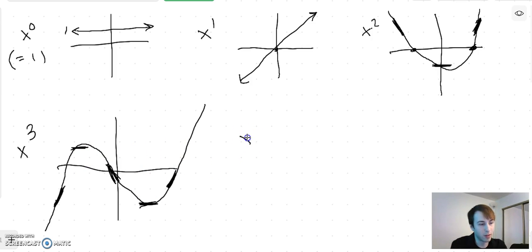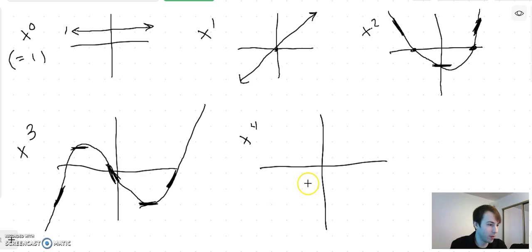Now, if we continue to do this for x to the fourth, initially the slope is negative, and then at the end it's positive, and there are some loop-de-loops in there.